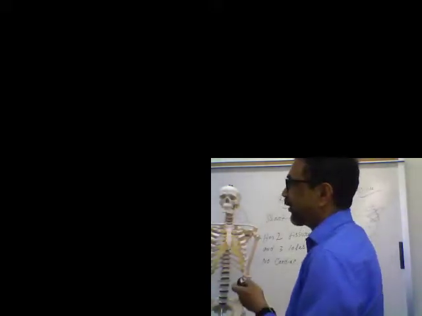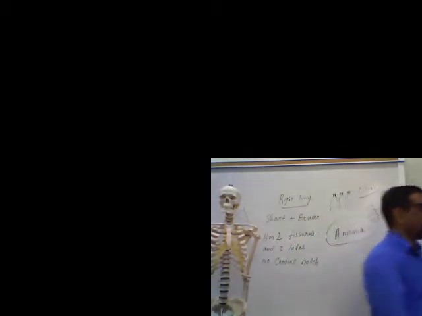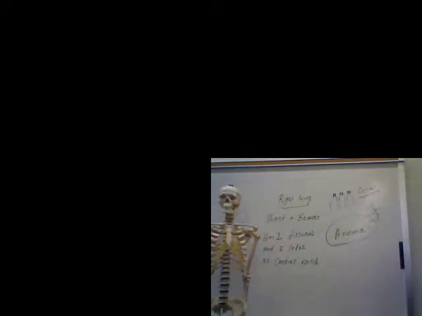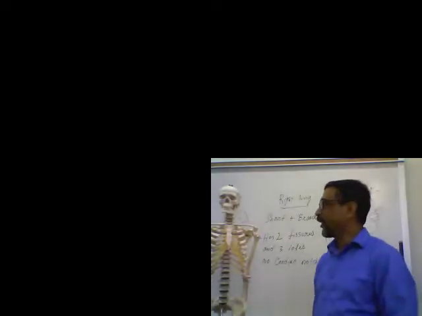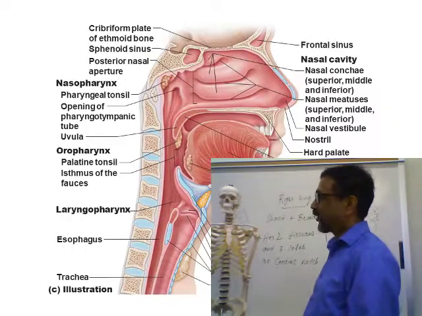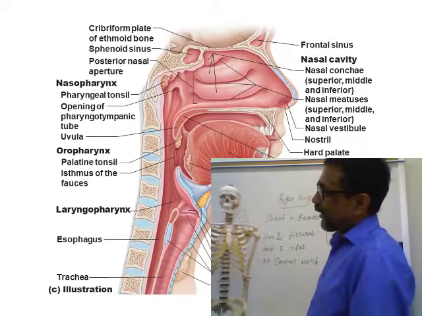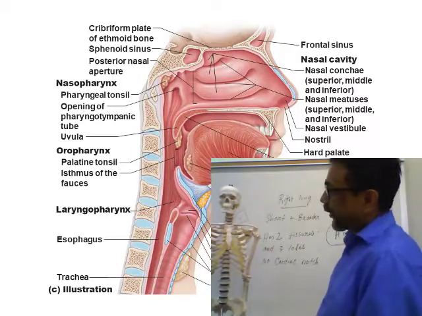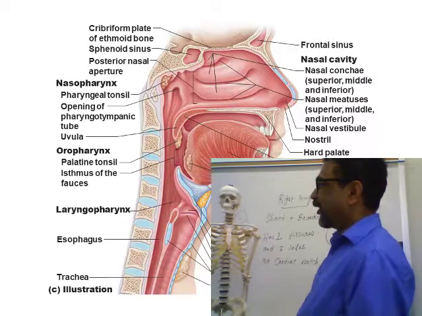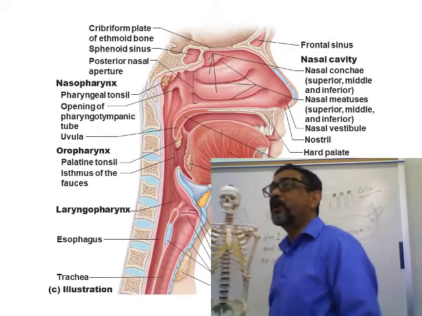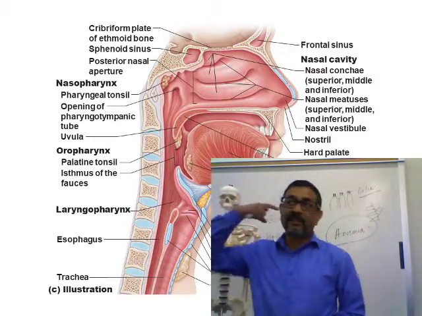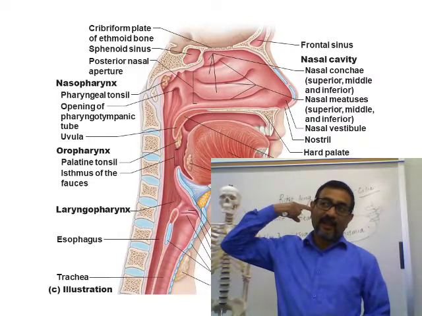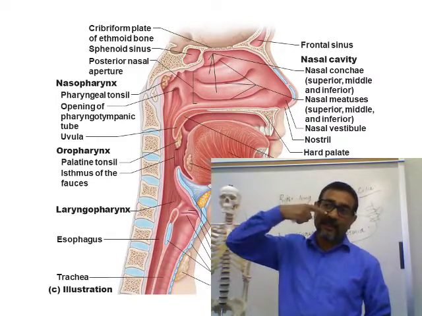You see here, this is the pharyngeal tonsil attached to the posterior wall of the nasopharynx. And another important structure is there, that is the opening of a tube. That tube is called the auditory tube that connects the middle ear here and the nasopharynx.